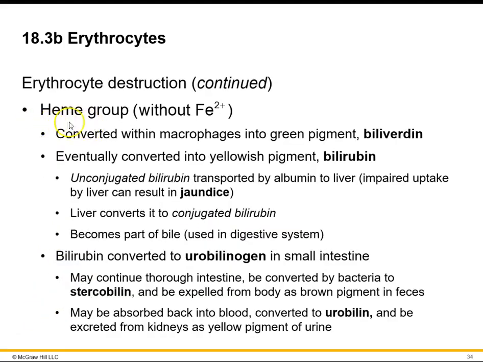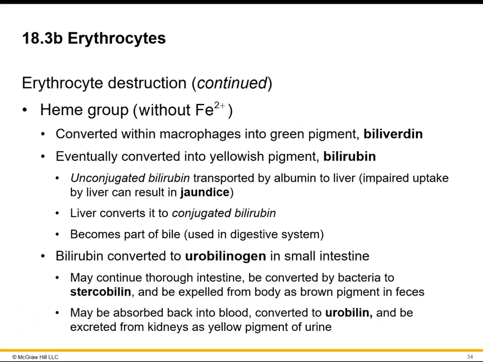Now let's talk about what happens to the heme group. Okay, so this is just that porphyrin ring without the iron, because the iron has already gone to the liver and the spleen. So what happens is macrophages convert that heme group, that porphyrin ring, into a green pigment called biliverdin.